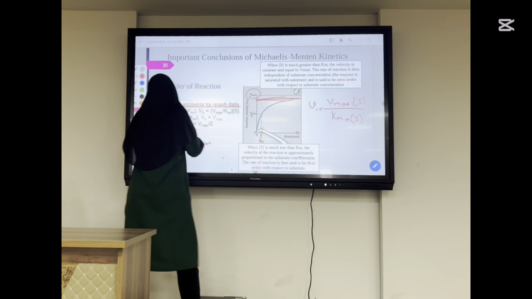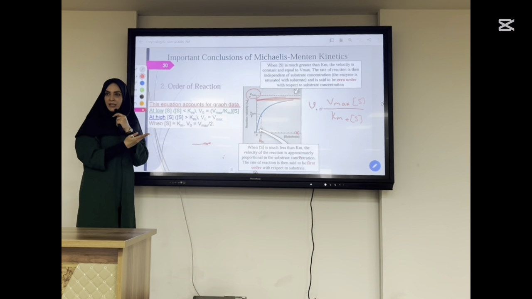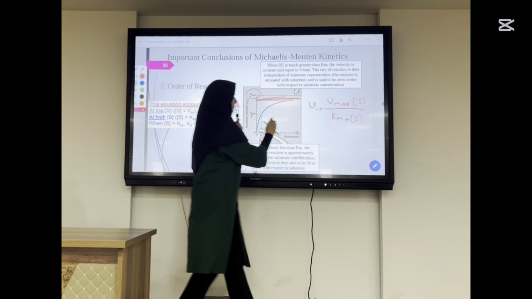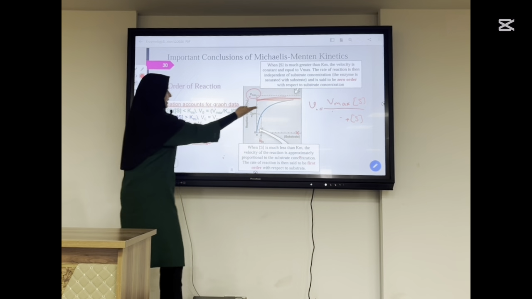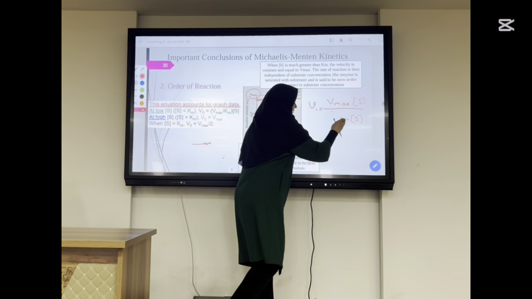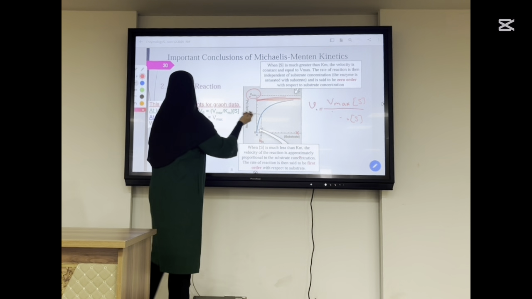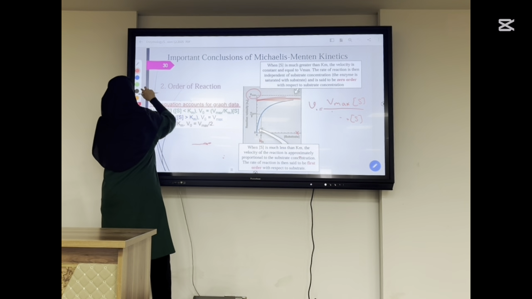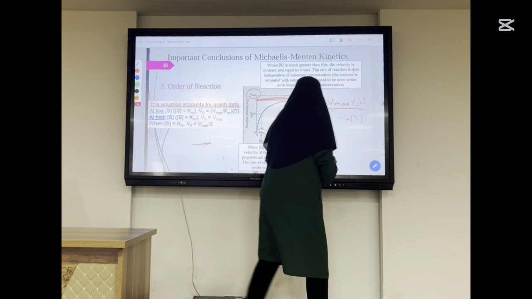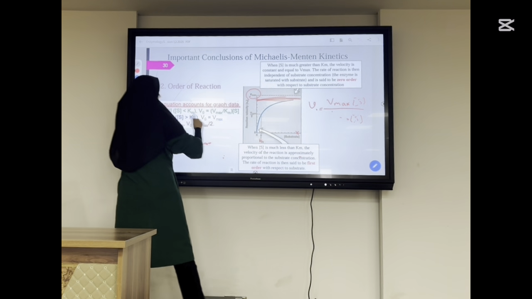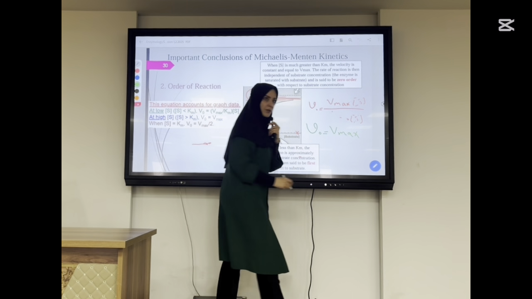For example, maybe substrate is 1000 and Km is 5, I can ignore it. So I can ignore the Km. Am I right? What is the remaining? V0 equals Vmax times S over S. According to the mathematical rule, I can remove S over S. So V0 equals Vmax. Do you understand?